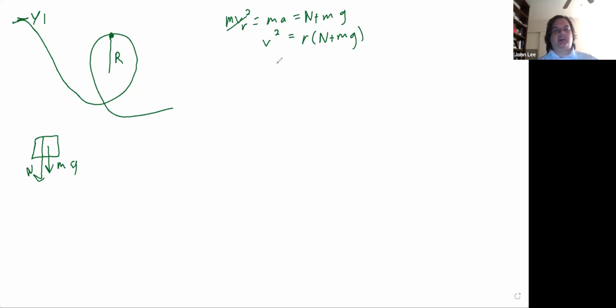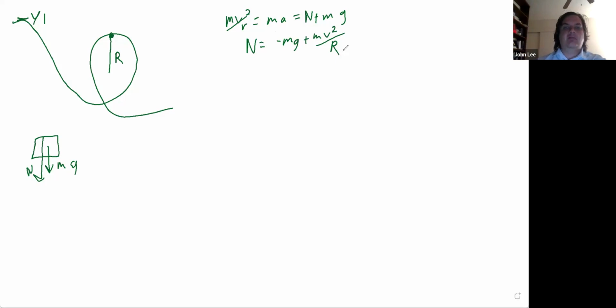That's good to know, but actually what we're solving for is n, so that was silly of me. So n is equal to negative mg plus mv squared over r, where r is the radius of the loop-to-loop.